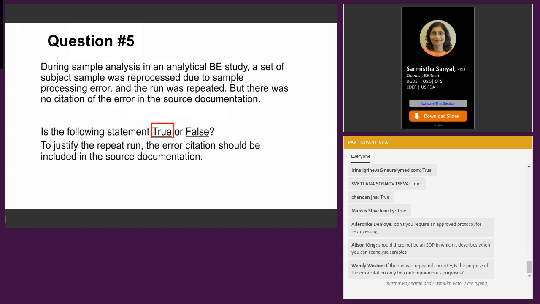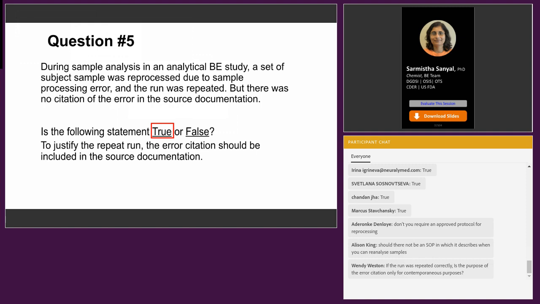Another question: if the run was repeated correctly, is the purpose of the error citation only for contemporaneous purpose? So yes, if you repeat the run, then during an audit, there will be the question of why the run was repeated. And until you have complete and contemporaneous documentation, you won't be able to give the justification for why the run was repeated.